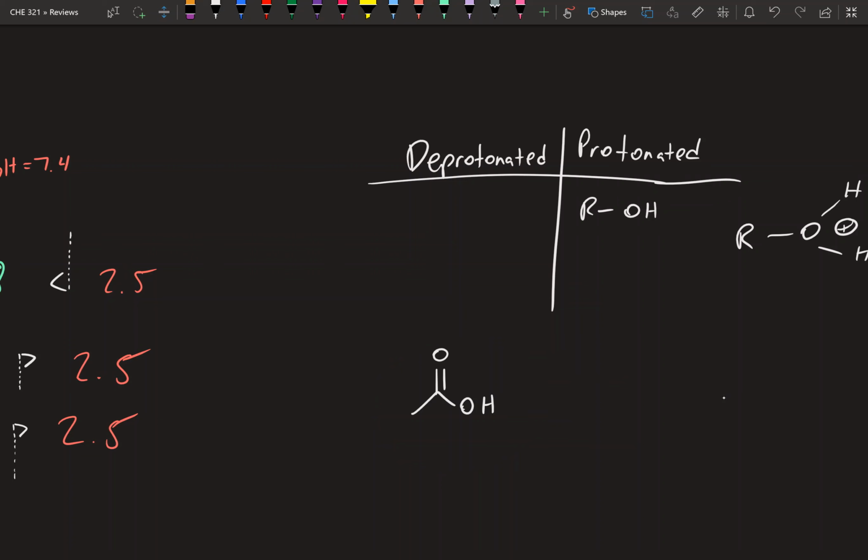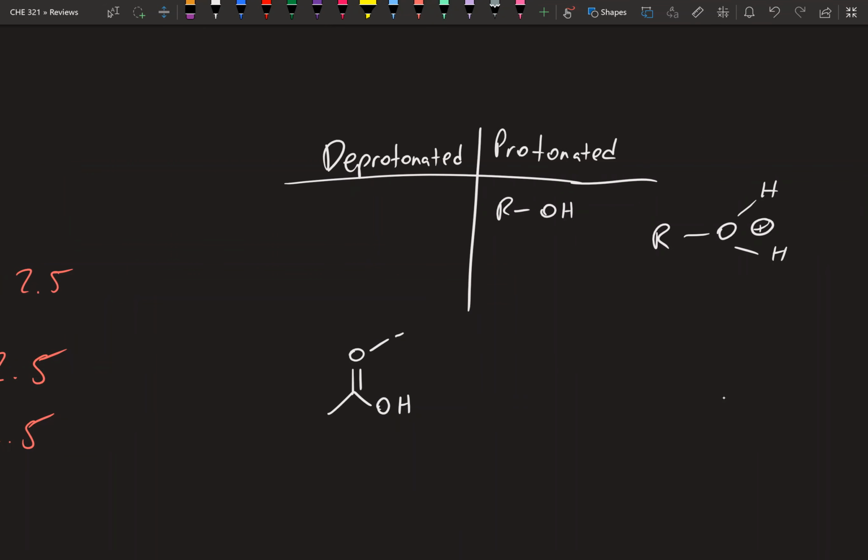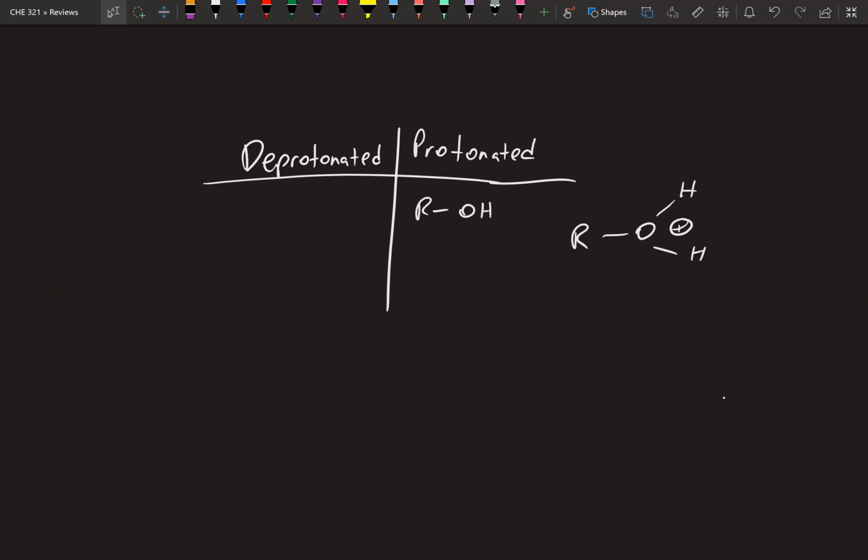Sometimes they'll trick you by drawing another H and making this positive, or they'll even draw an H over there. Okay, and so you're not going to pick those answers. The protonated state is already that neutral OH. Okay, the deprotonated state is going to have an O minus.